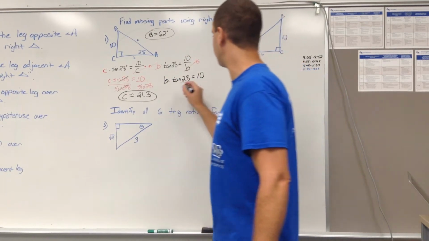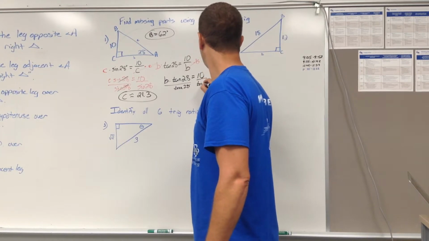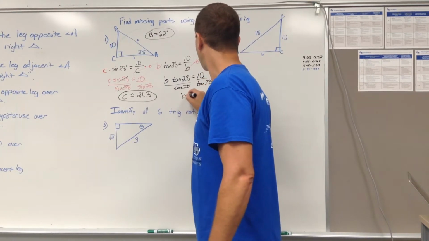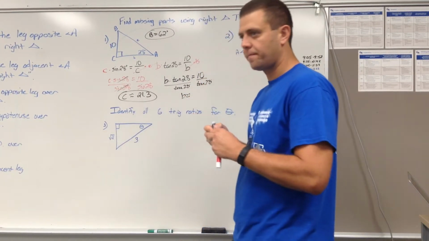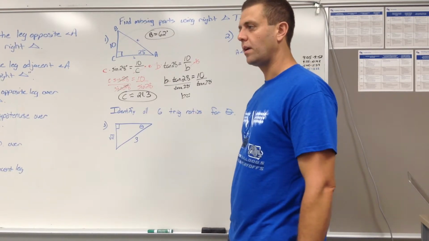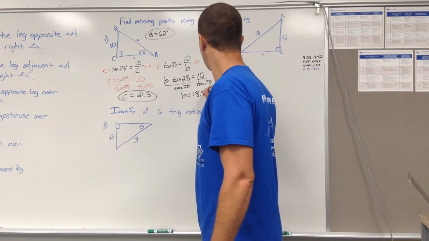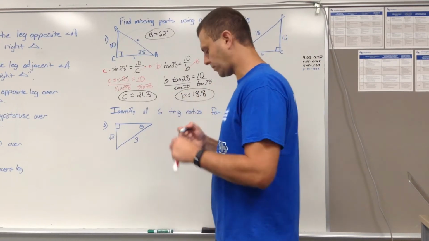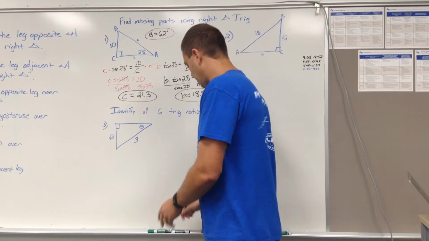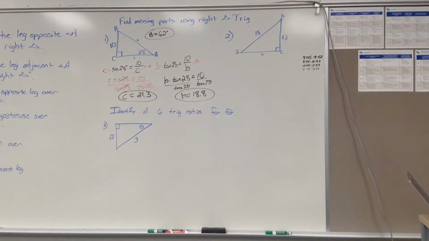Divide both sides by the tangent of 28. And B is about how much? 18.8. Okay.